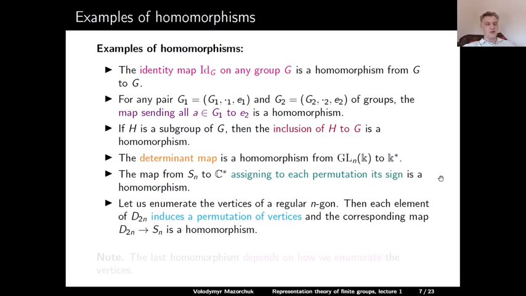Then each element of Dn induces a permutation of vertices and hence defines an element of Sn. The corresponding map from Dn to Sn is a homomorphism, clearly from the construction. And note that this homomorphism depends on how we enumerate the vertices. If we choose a different enumeration, we will get a different homomorphism.